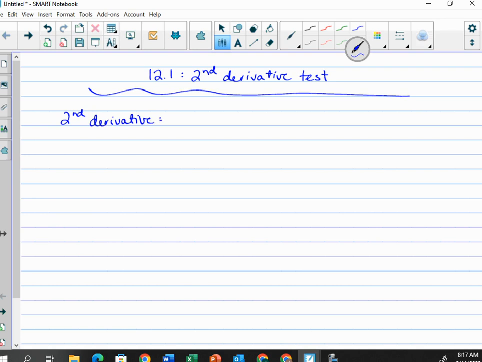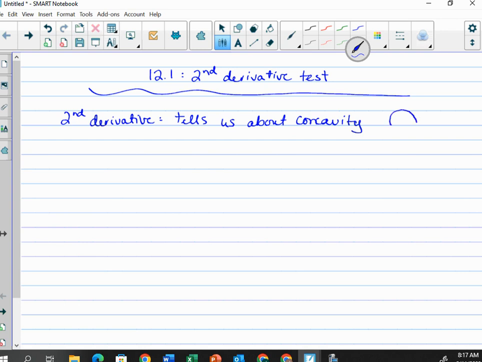So guys, do you remember how the first derivative told us about the slope of your original graph, like whether it had a positive or negative slope? The second derivative tells us about the concavity of the graph, like the curving.